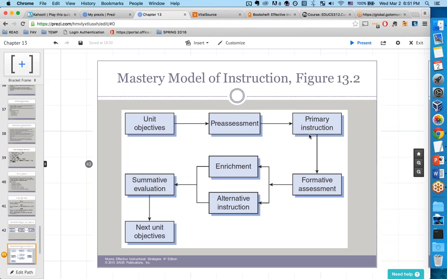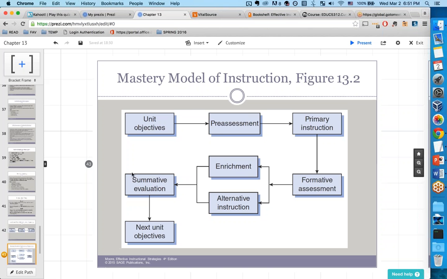So during the instruction, you do formative assessment, you keep assessing the student's knowledge, and based on what the students learn, you modify your instruction. You may enrich your instruction. You may provide alternative instruction methods, and ideally they will work out fine and students will learn better because you assessed them using formative methods.